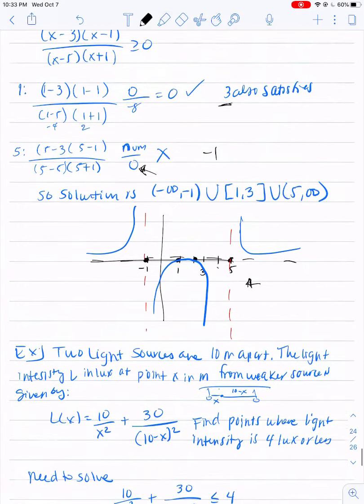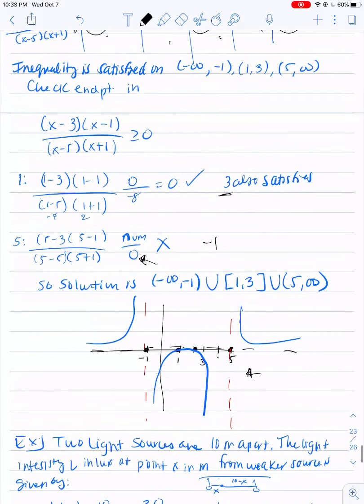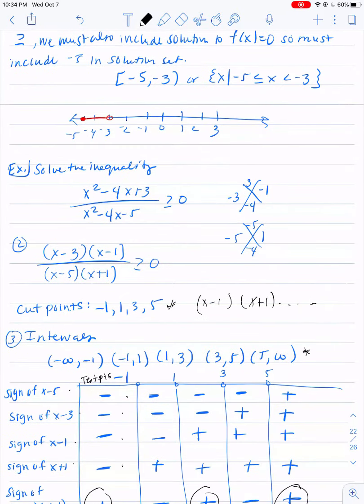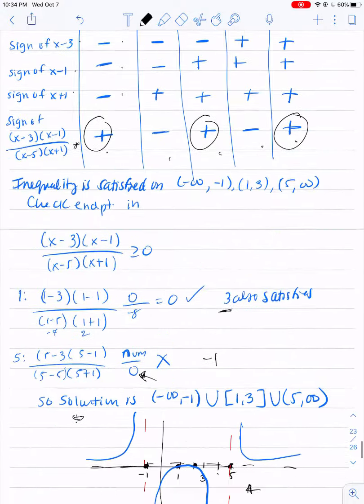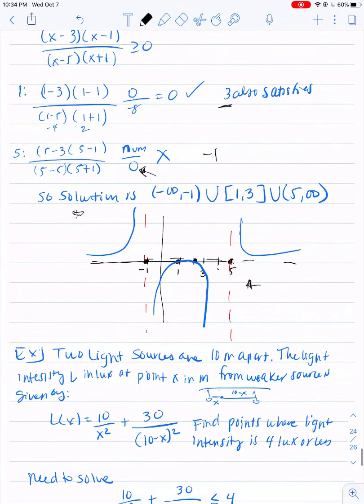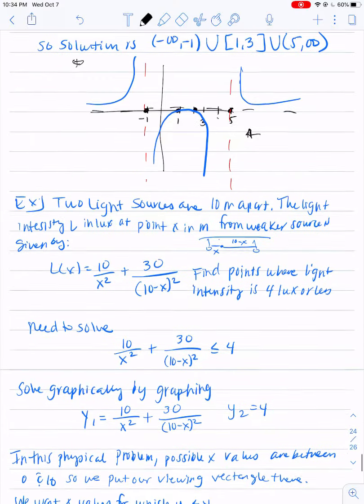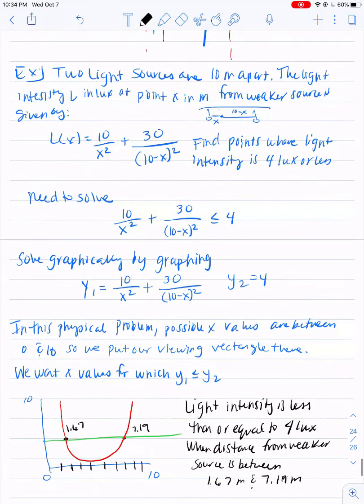So here I'm graphing the whole graph, whereas this is the solution set kind of graph. Here I'm not graphing the solution set, I'm just graphing the function itself. And you could do that by plugging in points and using our methods.